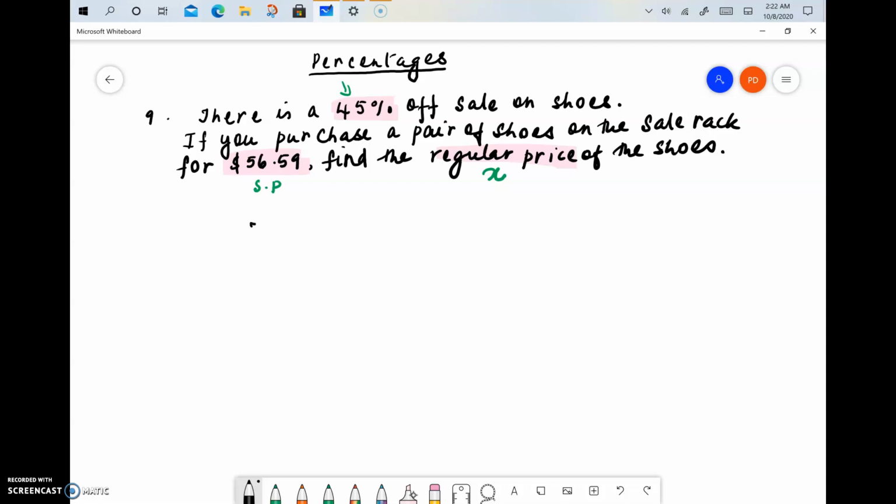So the sale price, let's see if this sentence makes sense, is 55% off the regular price.